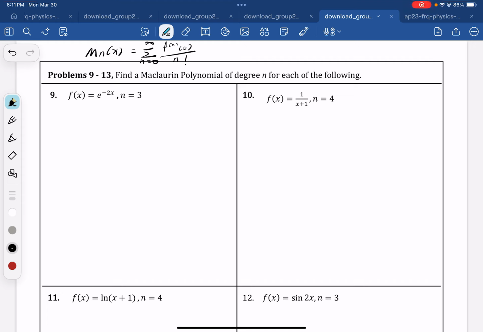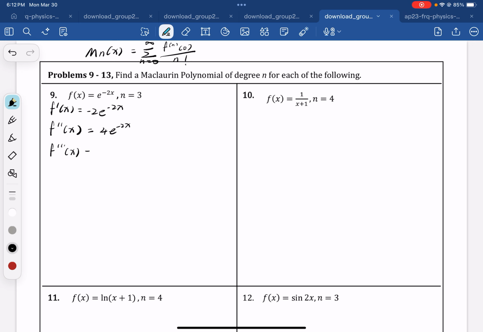We start with the first derivative: f prime of x equals negative 2 e raised to the power of negative 2x. Then we solve the second derivative. It goes to 4 times e raised to the power of negative 2x, and the third derivative f triple prime of x goes to negative 8 e raised to the power of negative 2x.